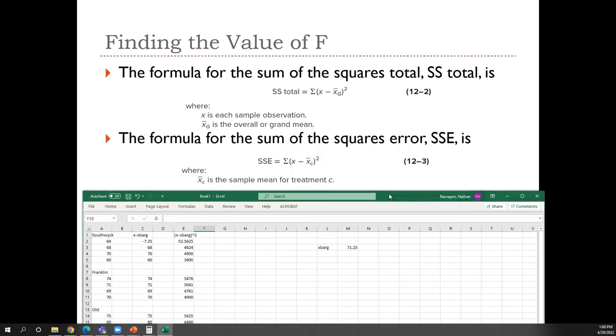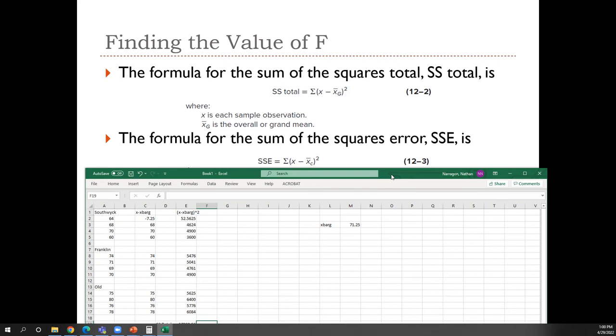Alright, next, let's go ahead and figure out SSE, which again was our n minus k, which again is the number of observations minus how many we have, which is 3.